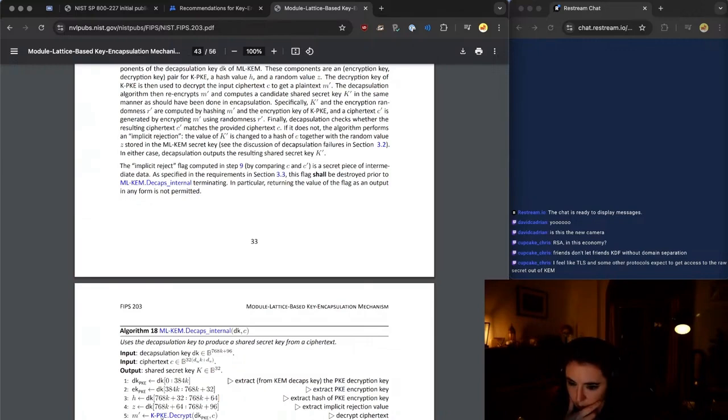So I'm trying to remember. Yeah, so we decrypt, we have the message, and then we do another hash function. We put the message we decrypted and the hash of the encryption key, the decaps key, and then we check that. This is the value we prepare, and then we re-encrypt to see if the value that we get is the same as the value we were passed, and if we don't, we return this other thing.